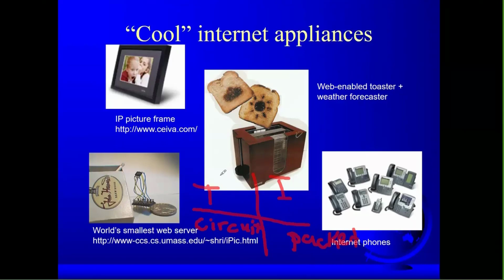It means the circuit is not being used by anybody. I dial a number, the other guy opens his phone, meaning now we are connected. The circuit is established. We start talking on the same circuit that I established when I dialed. When I'm done, I hang up, I disconnect. That's what we call circuit switching.